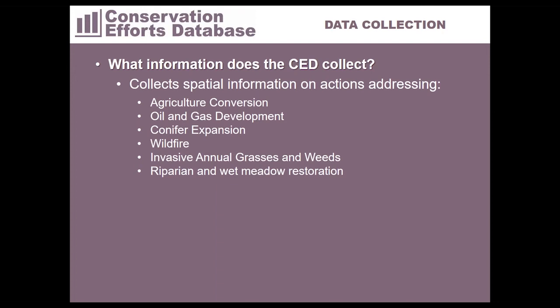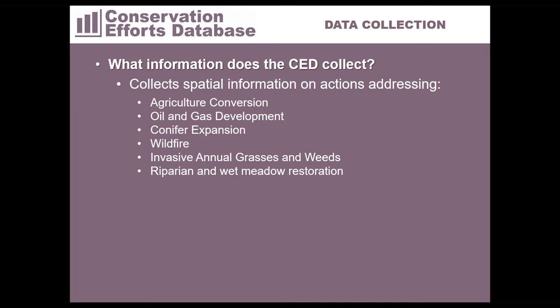And I'll talk about those sagebrush reporting units and their development in our second webinar. And then we collect non-spatial information. These are typically associated with plans and strategies, other documents that help guide conservation actions and strategies, but don't necessarily provide a boots on the ground treatment.